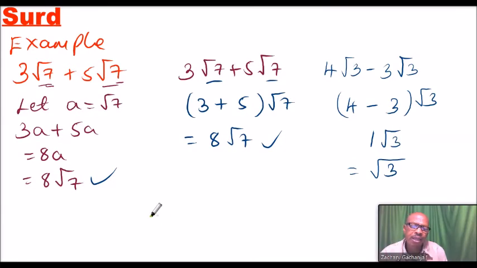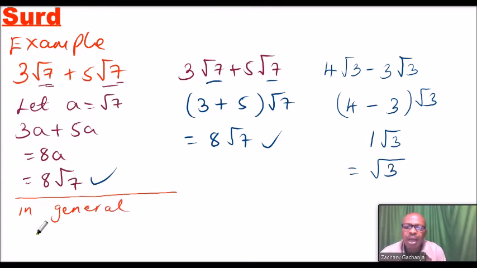From the examples that we have seen, we can say in general that if we are given an expression like A root n plus B root n, the number under the root is the same, that is n.